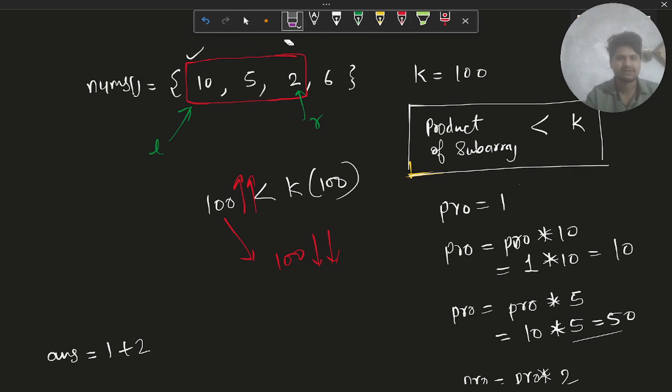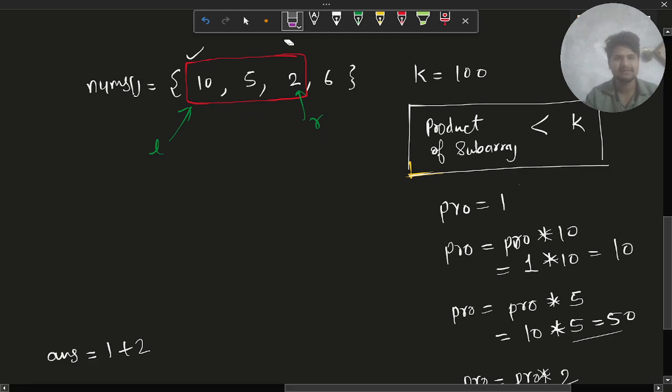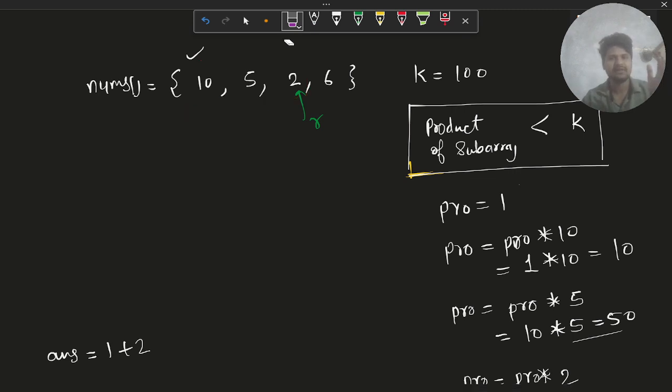So we have to shrink the window, so I have to increase my left pointer. My left pointer is pointing to this.